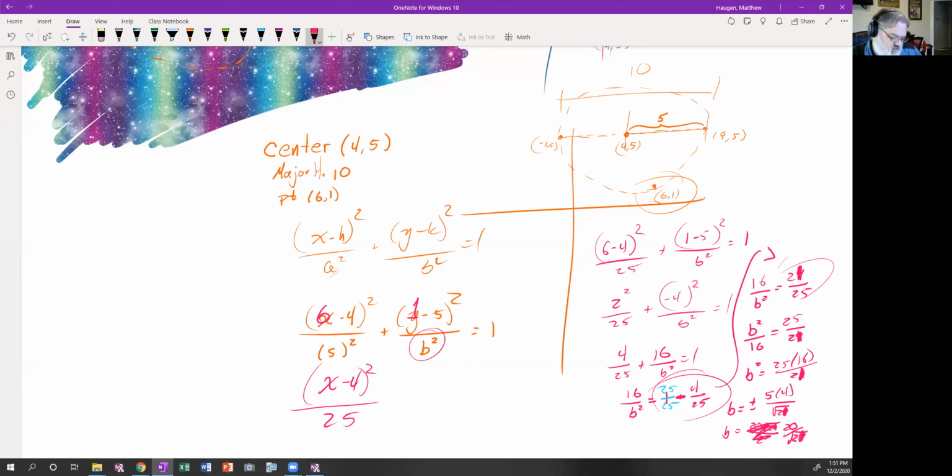Thank you for that. So then y minus 5 squared over what's now 400 over 21 equals 1. So it really is just plug in everything we're told and then use the point to solve for whatever else we need.